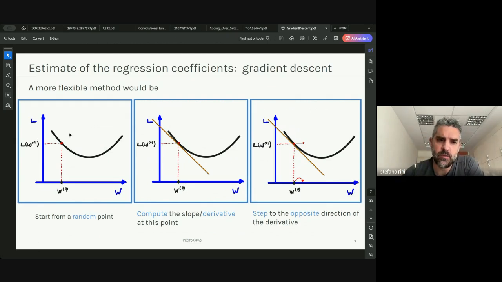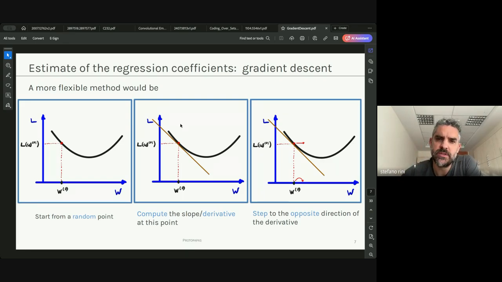We can measure the performance of the network when the weights are omega 0. The loss function will measure the closeness of the prediction of the network to the true labels. We're going to average this across all the entries of the data set, and we're going to get this first value, L.